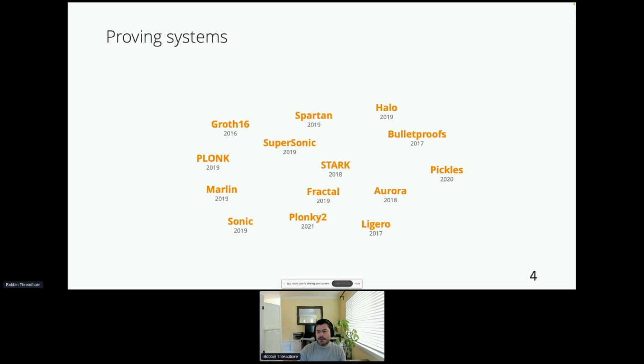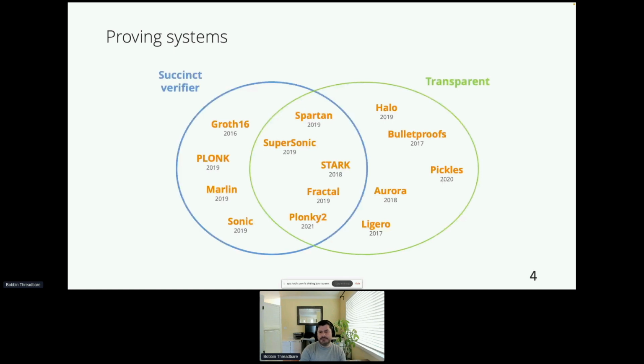One thing I want to point out is that these proving systems all have different properties. There are a lot of properties that we care about, and a few that I want to highlight here. One of these properties is transparency, meaning we don't need a trusted setup for the proving system to work. The other is a succinct verifier. On the previous slide, I said that verification time for some proving systems could be linear, and ideally we want to avoid linear systems.